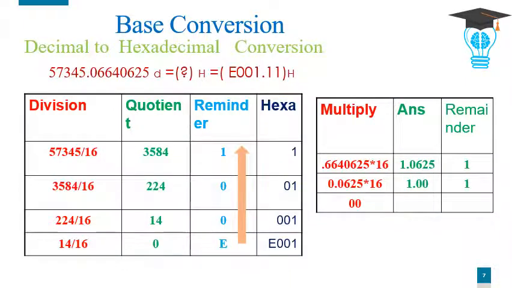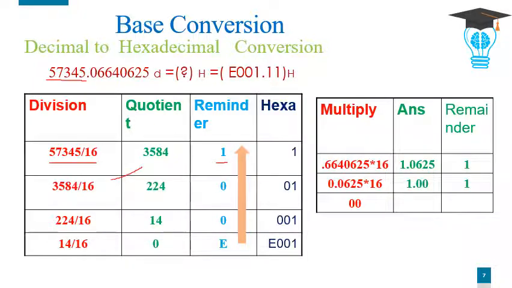In decimal to binary, we divide the number to the left of the decimal point by 2, and in decimal to octal conversion we divide it by 8. Similar to that, here the number to the left of the decimal point will be divided by 16, that is 57345. If I take this example, 57345 is divided by 16, and the answer is 3584, remainder is 1.